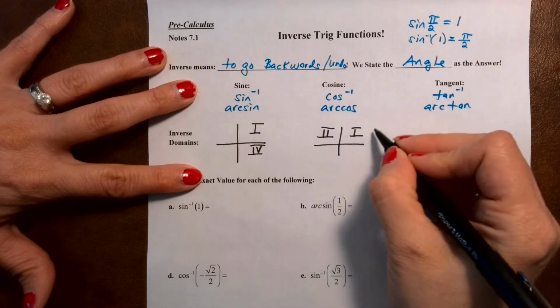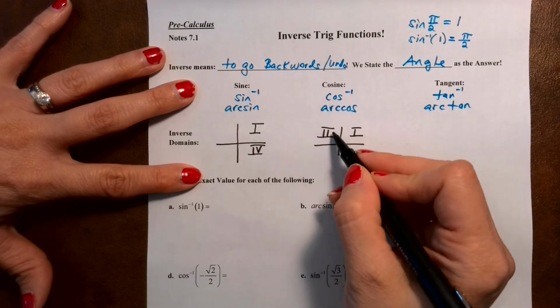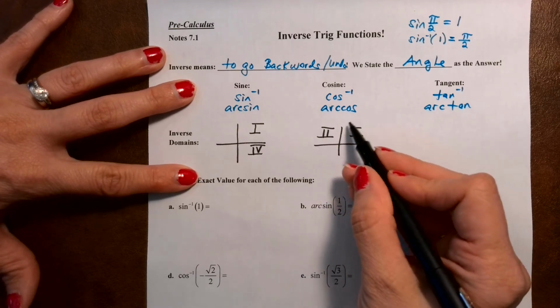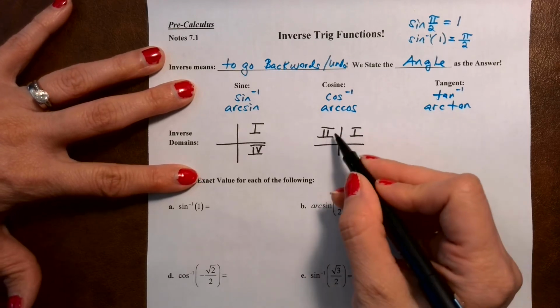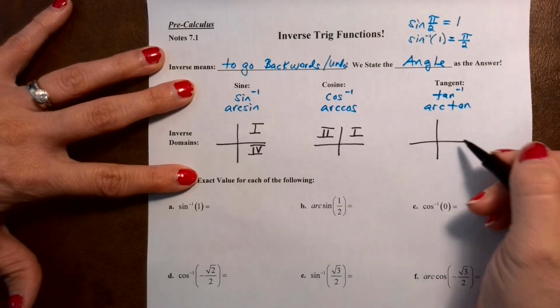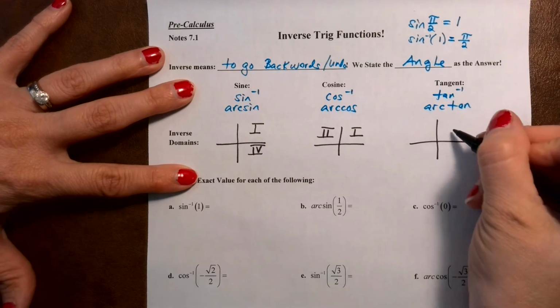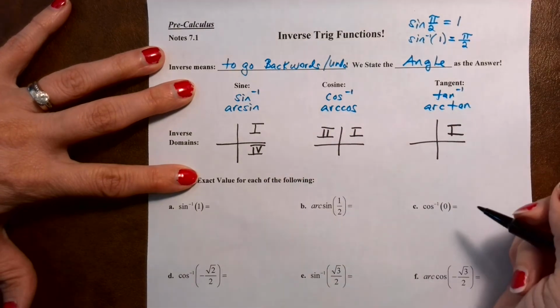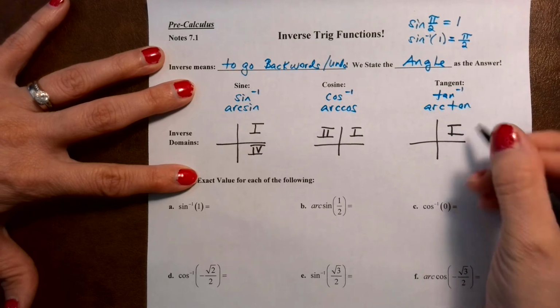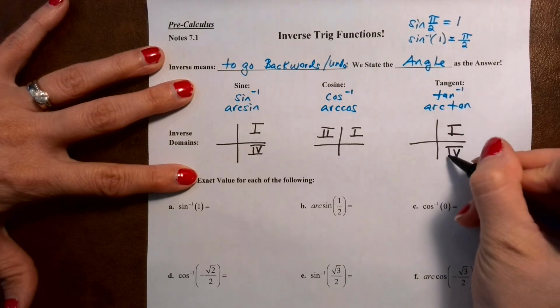The cosines are positive here and they're negative here. We don't need more places to look. We only need one quadrant of positives and one quadrant of negatives. Where are we going to look for tangent? I need one quadrant where the tangents are positive. So they all use quadrant 1 for sure. Tangent being negative, we're going to look down here in quadrant 4.